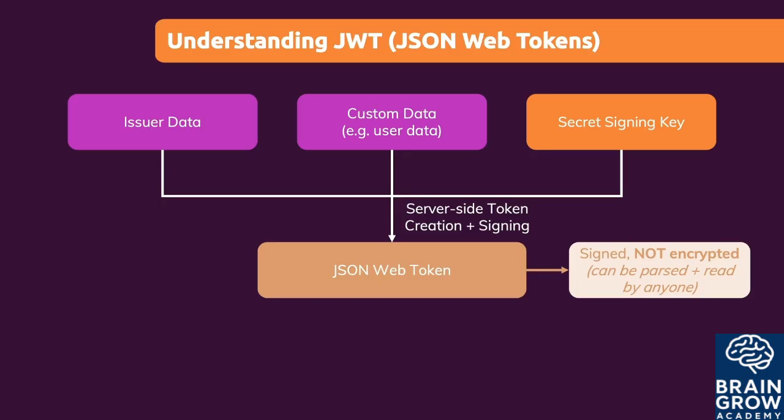Now, it's that token which then is stored by the client, so by the browser, and which then is attached to requests to protected resources on the server, so to protected API routes. For example, if we want to change our password, we don't just send the old and the new password, but we also include that token in the outgoing request.